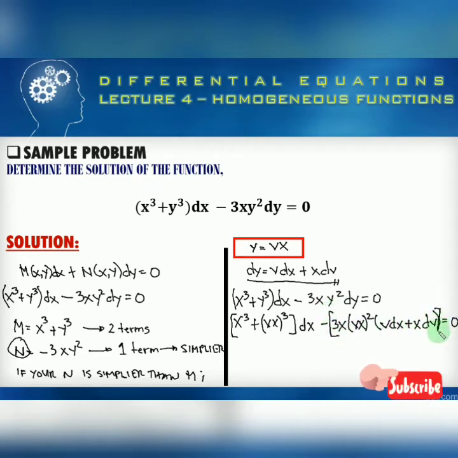After simplifying, we have x cubed plus b cubed x cubed, in brackets, dx, minus 3x times b squared x squared, times (b dx plus x db), equal to 0.